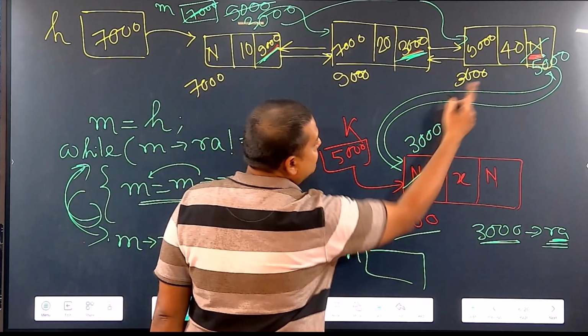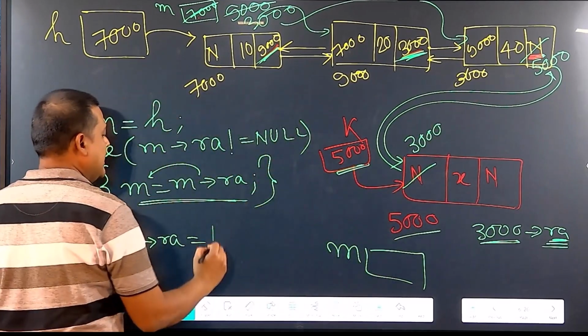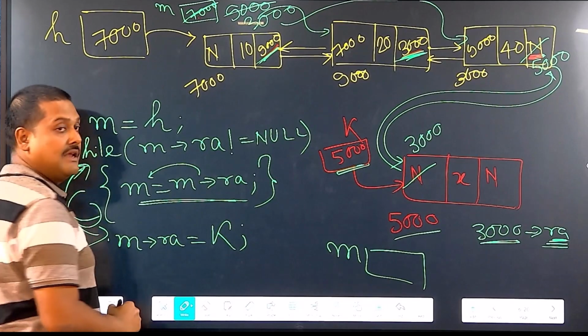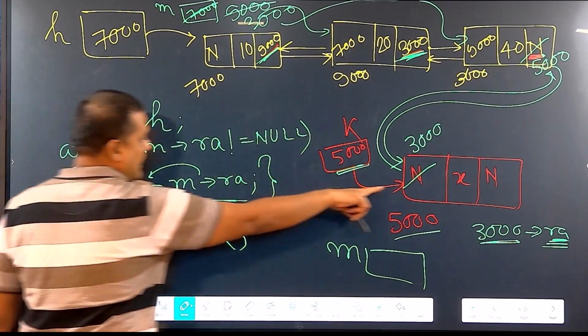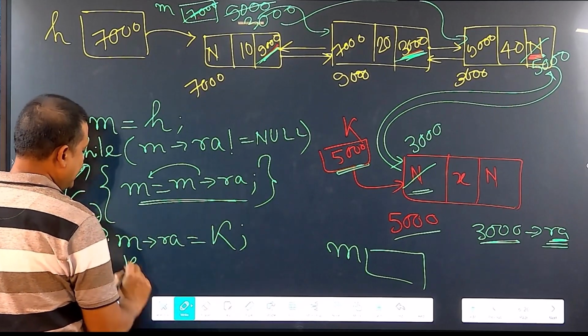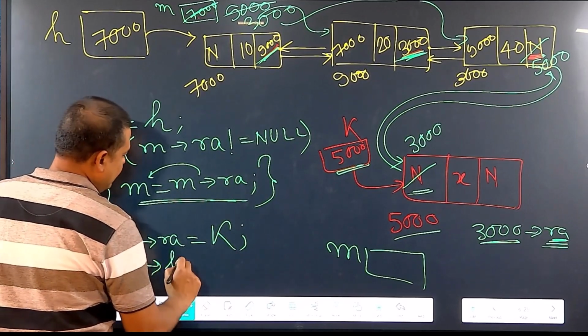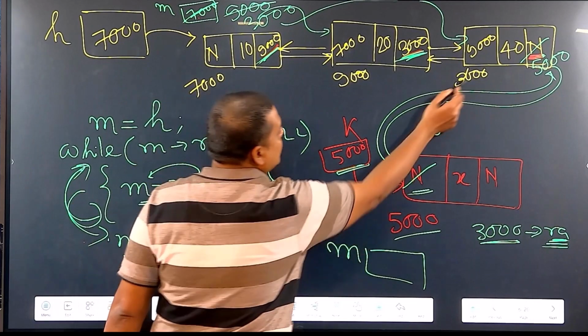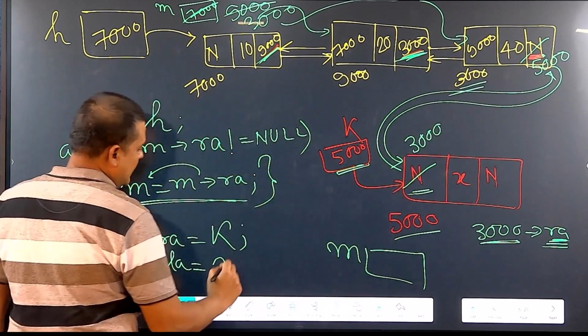I will assign 5000 here. 5000 is stored where? Inside K. So this value will be stored. And for the left address, K arrow left address will be assigned 3000. 3000 is what? m.